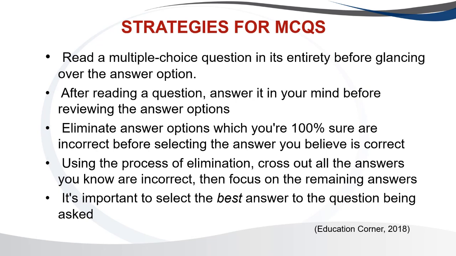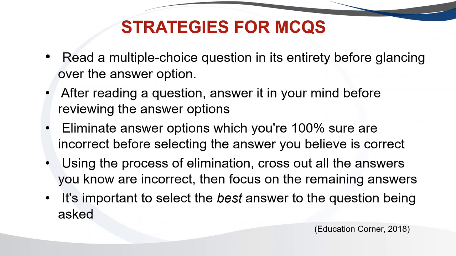The answers and the questions will be randomized, and every student will get a unique set of exams. But please do not feel anxious about this. All the questions are going to relate to your outcomes, so there is going to be no question that is unrelated to your learning outcomes.